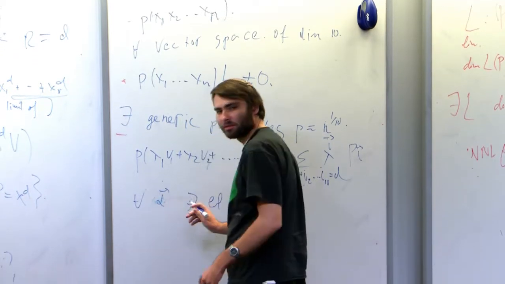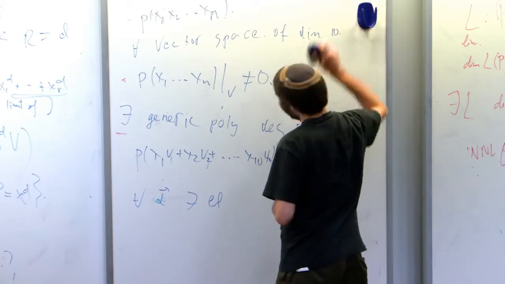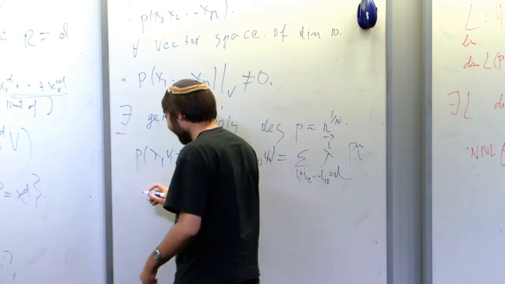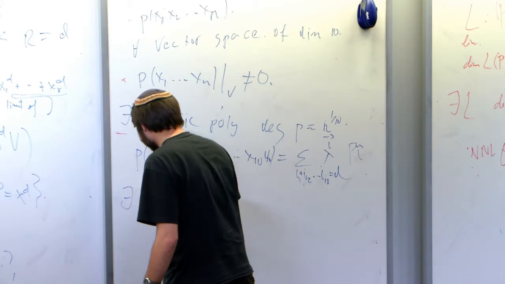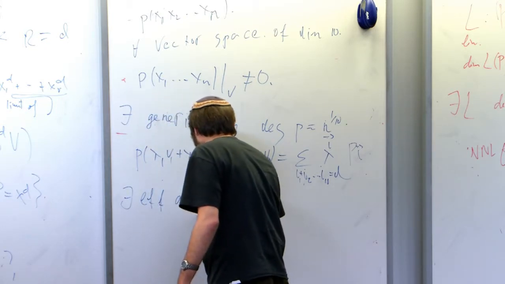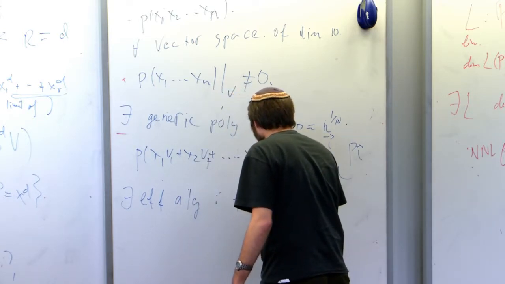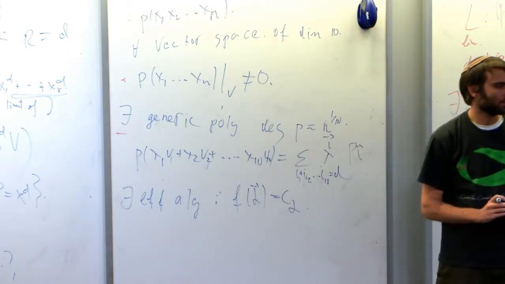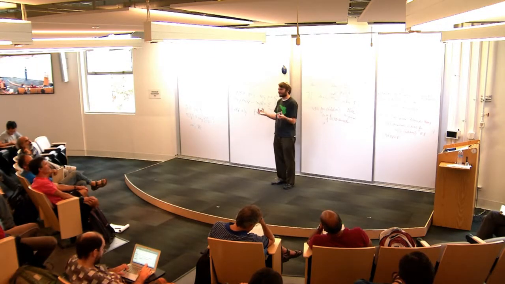There is an efficient algorithm which, given the description of alpha, produces the coefficient. Efficient means polynomial in the index.